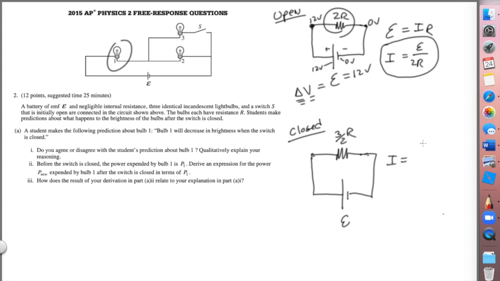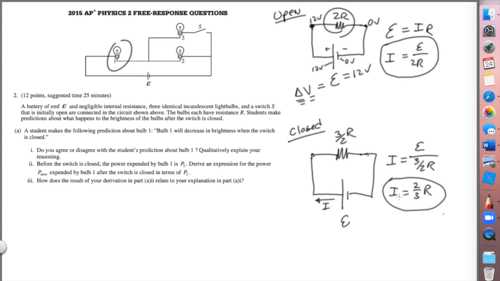So this is going to be voltage over the total resistance, which is 3/2 R, and this gives a current of 2/3 E over R. Now keep in mind, what we calculated here is the current coming out of the battery.